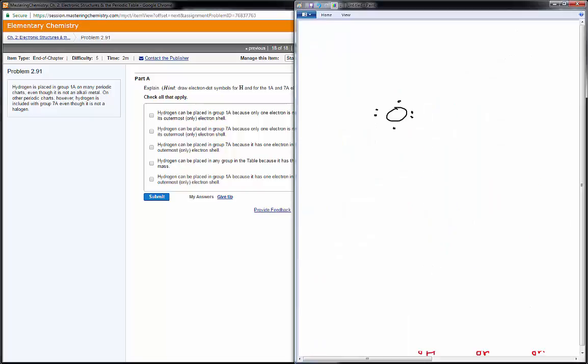And so if you do that, and we won't do all of them, we'll just do a couple. We've got hydrogen, it has 1 electron right here. And the electronic configuration is 1s1. If we compare this to lithium, which has 1 valence electron, and it has the electronic configuration of 1s2, 2s1. And then in the meantime we also have helium.